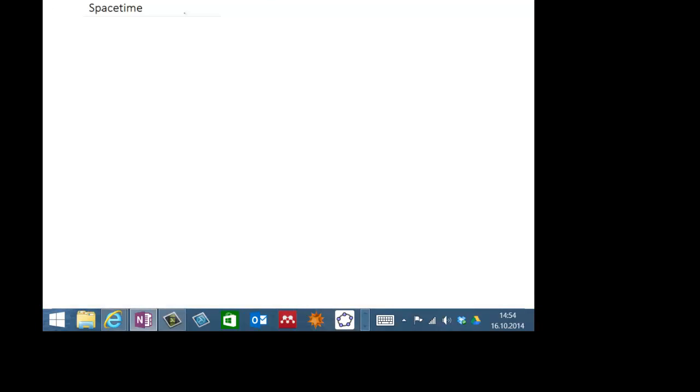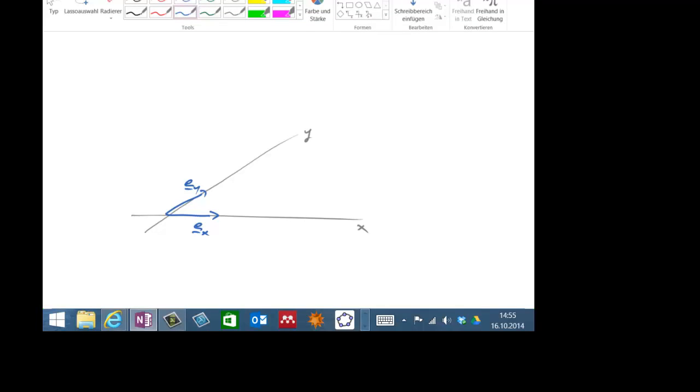And let's say I have only 2 spatial dimensions, namely x and y, with basis vectors ex and ey. And now let me add as a 3rd dimension time. So the vertical axis is a timeline.